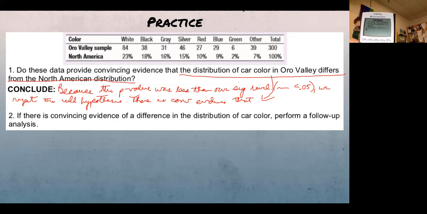But if I go all the way over to the end, it's a little bit annoying having to scroll over this far. I'll just keep going. If we go all the way to the end, look at that. The last category, the one that we were saying with other, that contributed 15.4 to our chi-square statistic. So what we can say is, this doesn't match primarily from these categories.